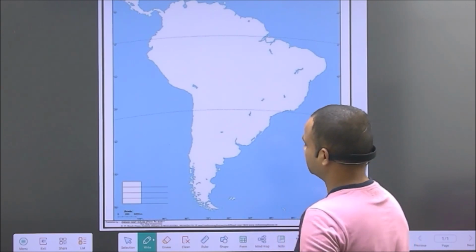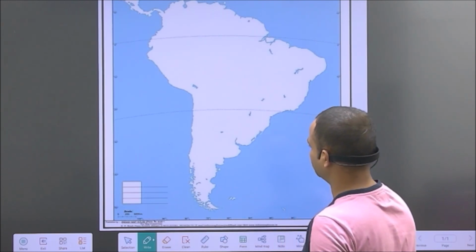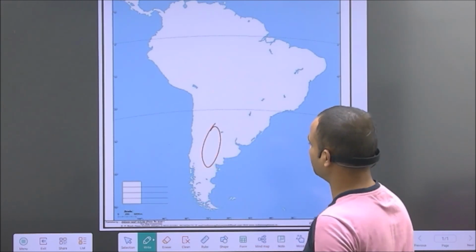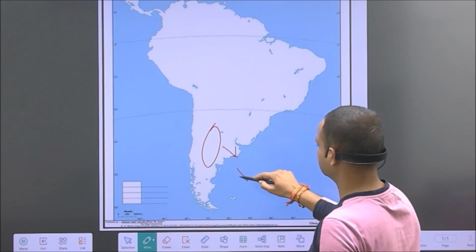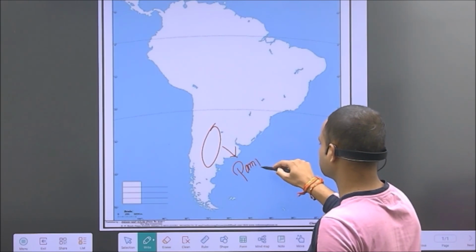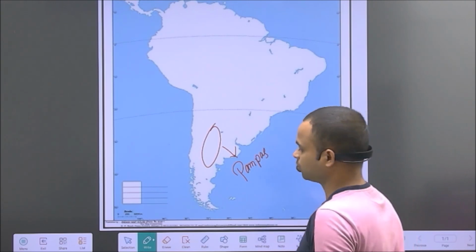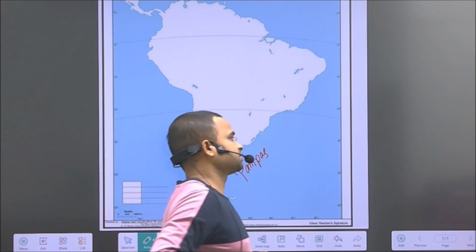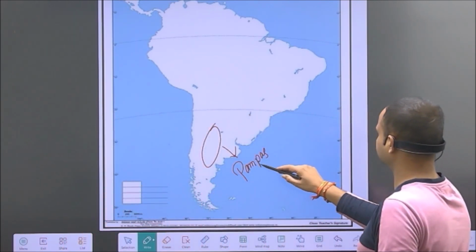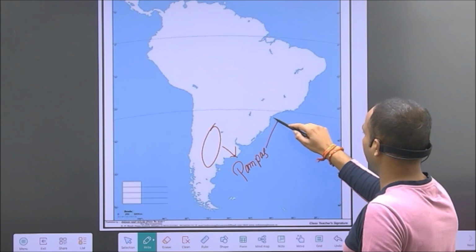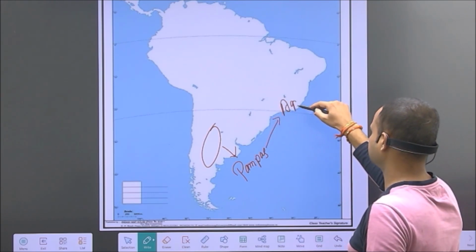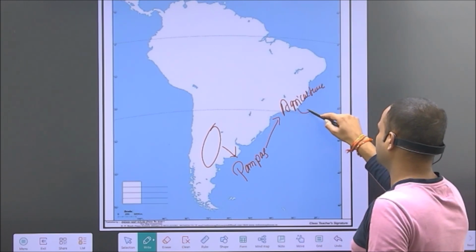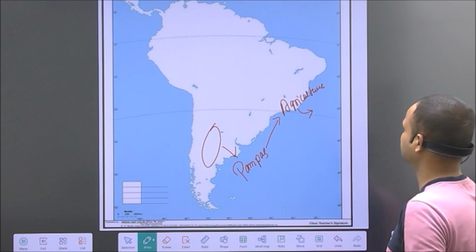And in the northern part of the Patagonia Plateau, you can see the Pampas. You can categorize the Pampas into two categories. First, for agriculture. It is the largest agricultural land.